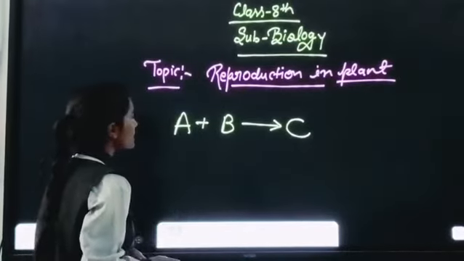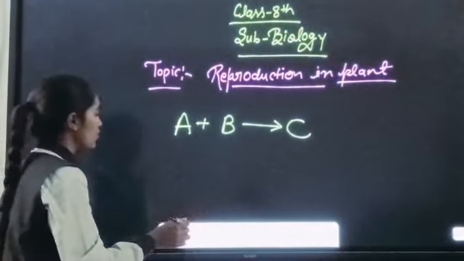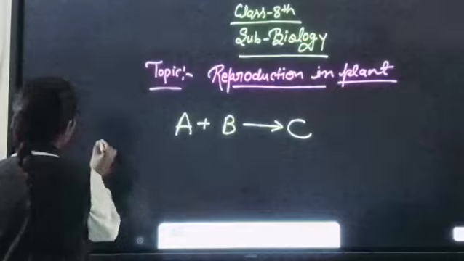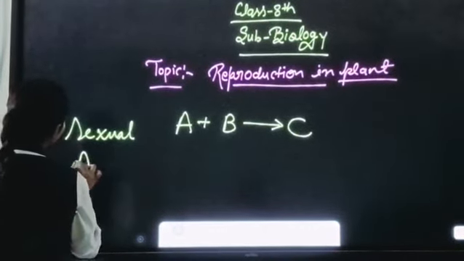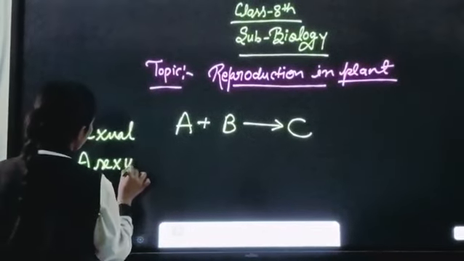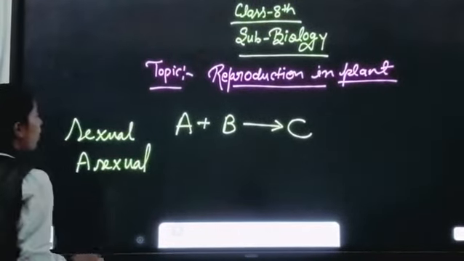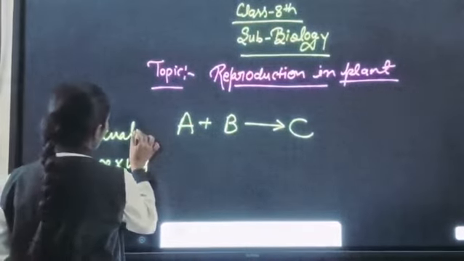Further, we shall discuss the types of reproduction. So there are two types of reproduction, sexual and asexual. What is the meaning of sexual reproduction?